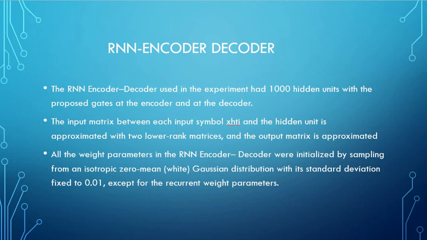All the weight parameters were initialized by sampling. For the recurrent weight matrices, they sampled from a white Gaussian distribution and used the left singular vectors matrix.